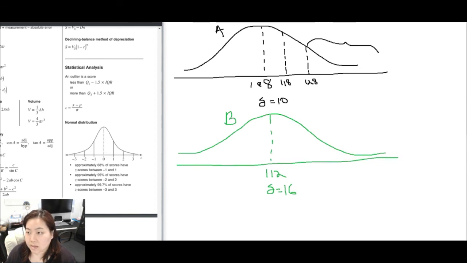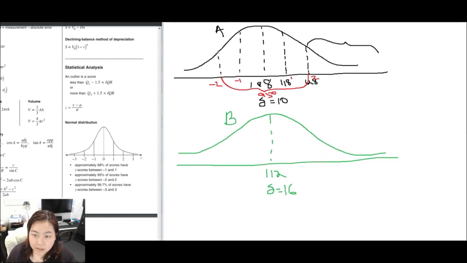That is saying, let me put in the other dotted lines like that, between here and here. So that's -1, that's -2, that's 1, that's 2, is 95% of the population.